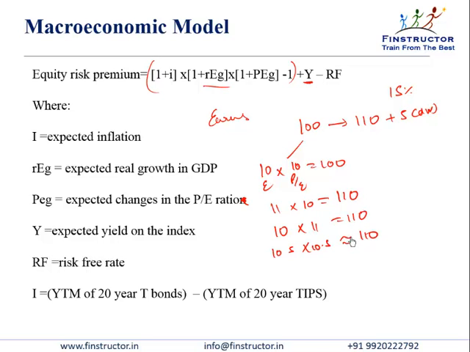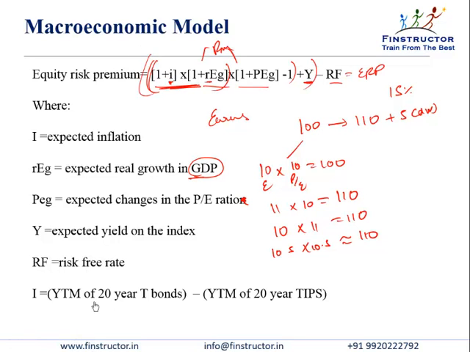So if capital appreciation is happening, it's either because earnings are growing or because the valuation multiple is increasing or the valuation is changing. The earnings growth for the country as a whole or for the index as a whole will be linked to the GDP growth. So the earnings growth can be estimated as the GDP growth plus the expected inflation. So I plus REG would be the earnings growth estimation.